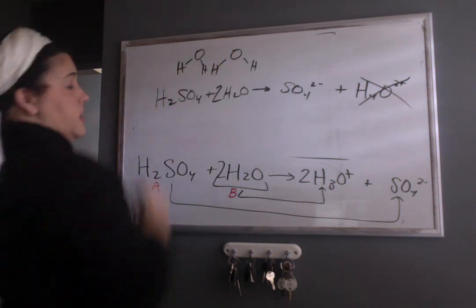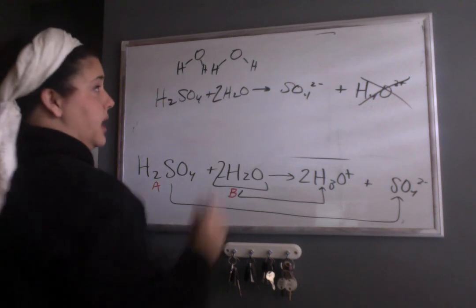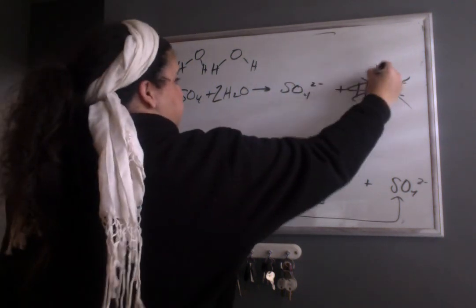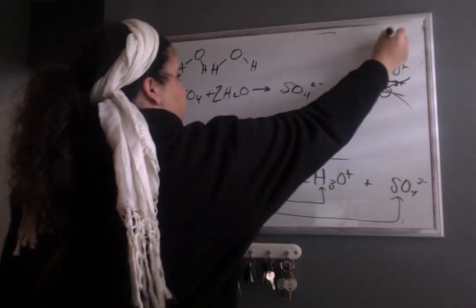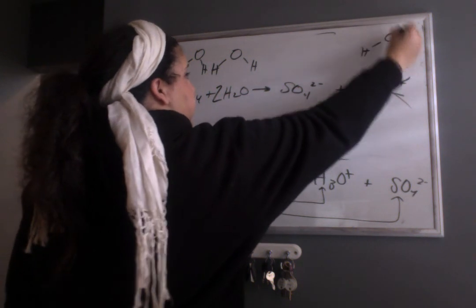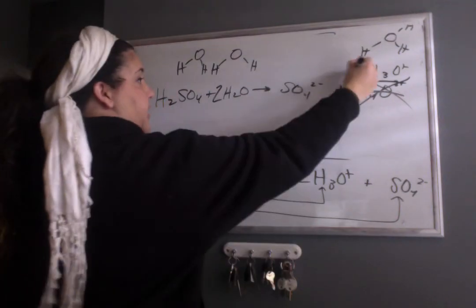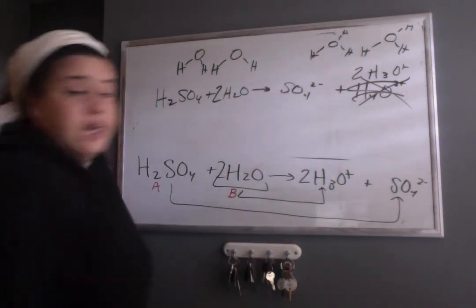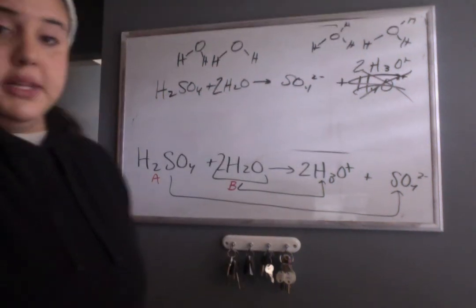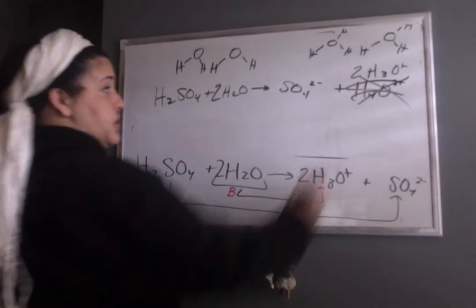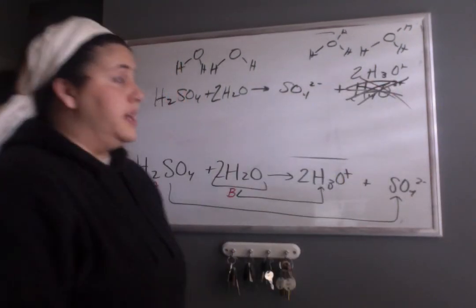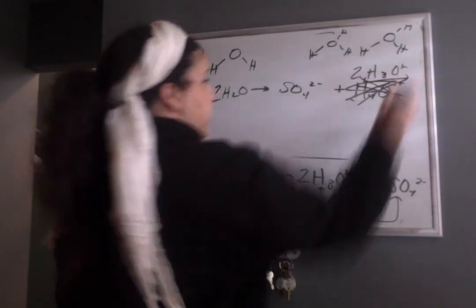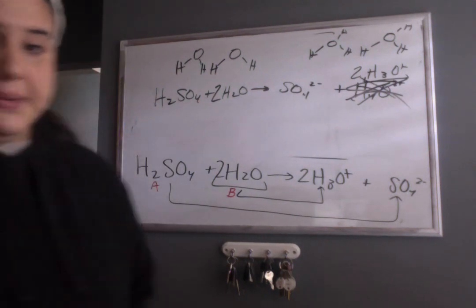Each of these waters will gain 1 proton, so then in the end, I end up with one of them as H3O+, and another one of them as H3O+. I will not form H4O+. Please note, there is no such thing as H4O 2+. I will always form hydronium, H3O+.